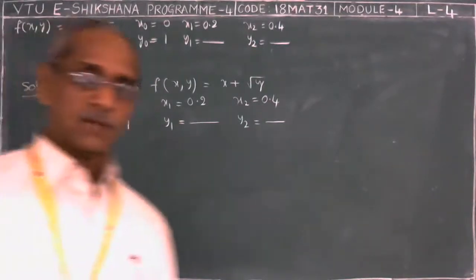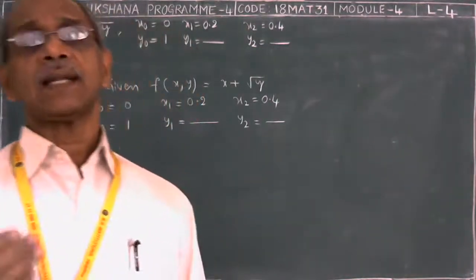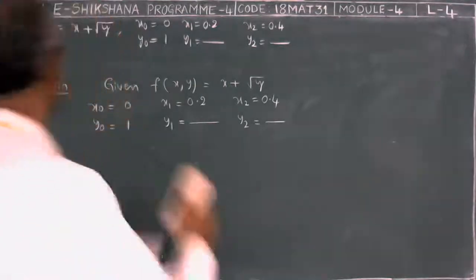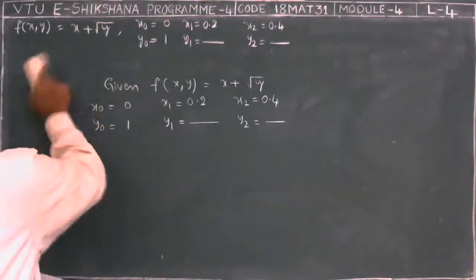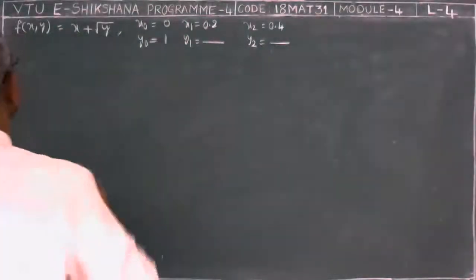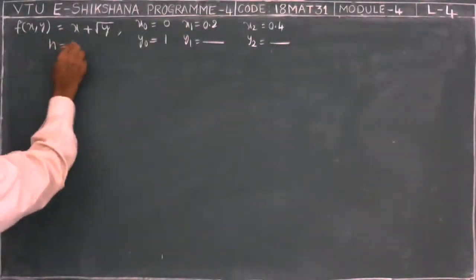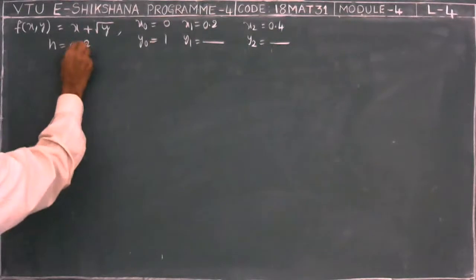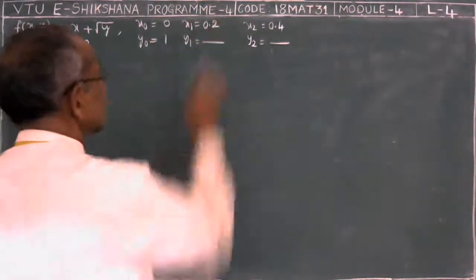At each stage we have to perform 3 iterations. h is 0.2.